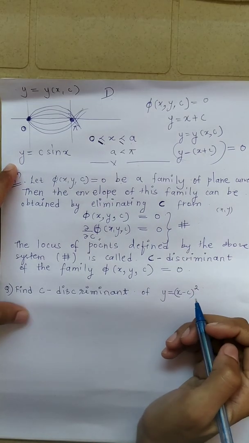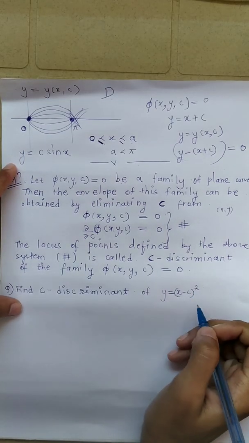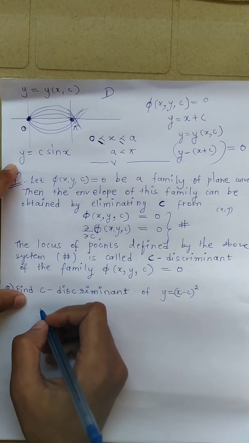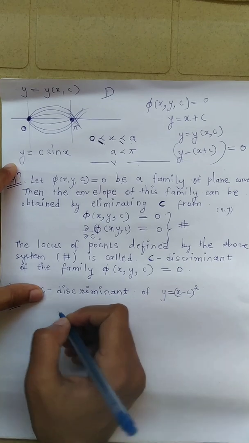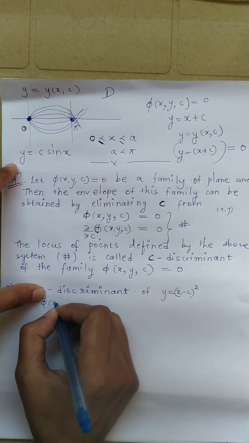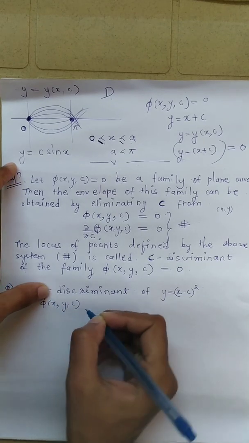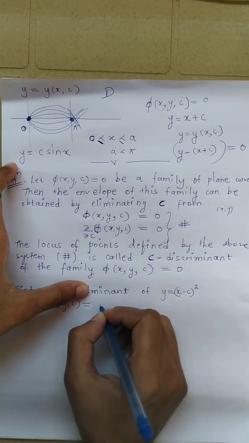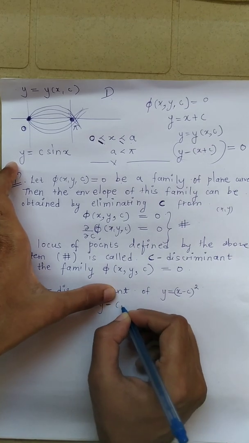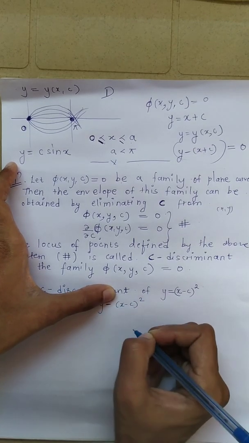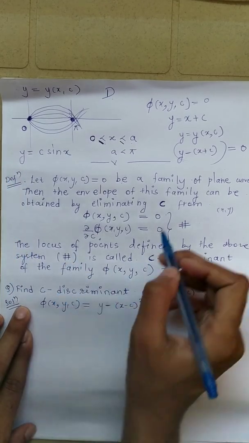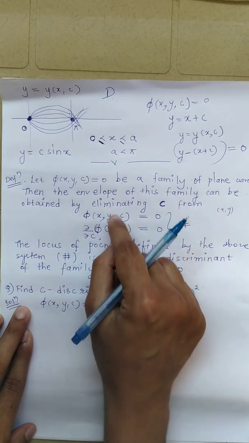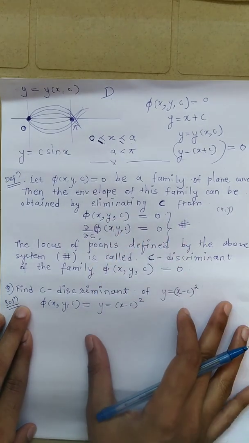So find the C discriminant of y equal to x minus c the whole square. So phi of x y c is equal to y minus x minus c square. In order to get the C discriminant, first we have to write this system of equations.